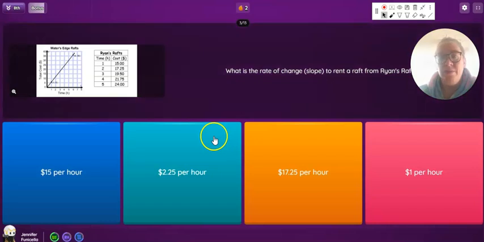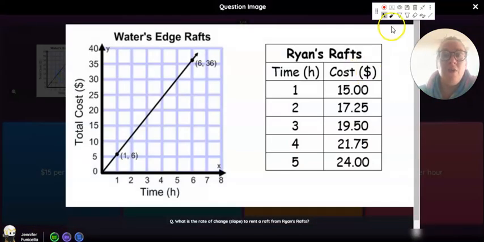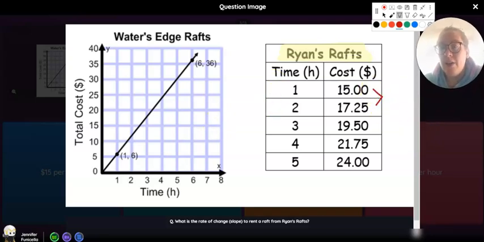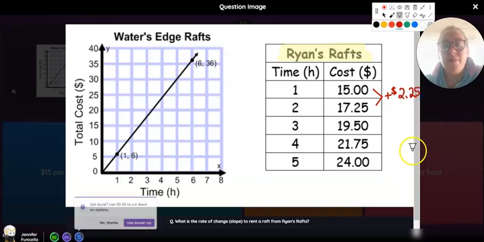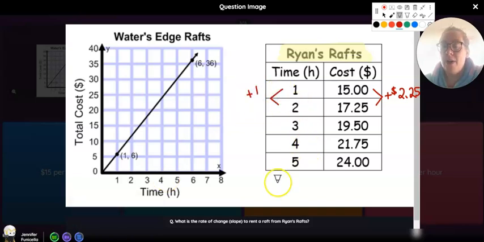Beautiful. What is the rate of change for Ryan's rafts? So when we're looking at Ryan's rafts here, we have a table. So to find the rate of change, we're going to look at how it's increasing from one point to the next. So our Y value goes from 15 to 17.25. So we went up $2.25, and our X value went up by 1 hour.